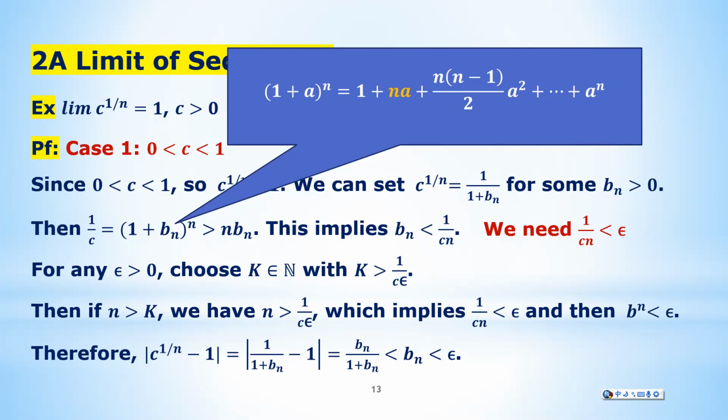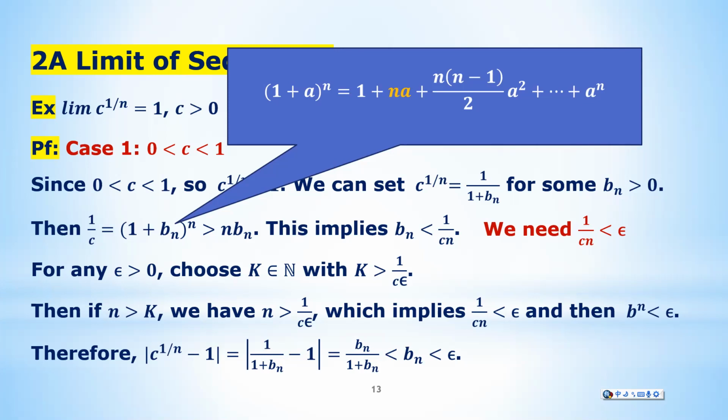This expression can be simplified because the bottom part, 1 plus bn, is greater than 1, because bn is greater than 0. So bn over 1 plus bn is less than bn. Now we know that bn is less than epsilon. So this implies that c to the 1 over n minus 1 is less than epsilon. That's how we finish the proof.